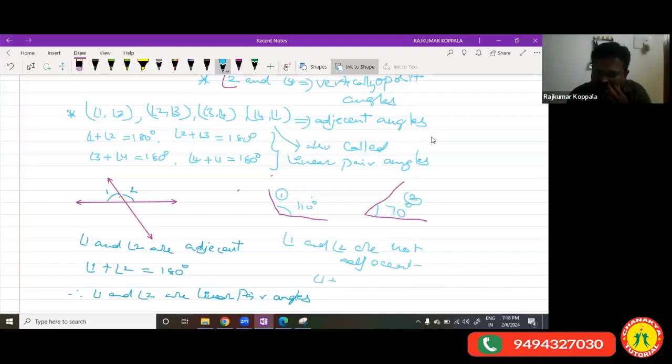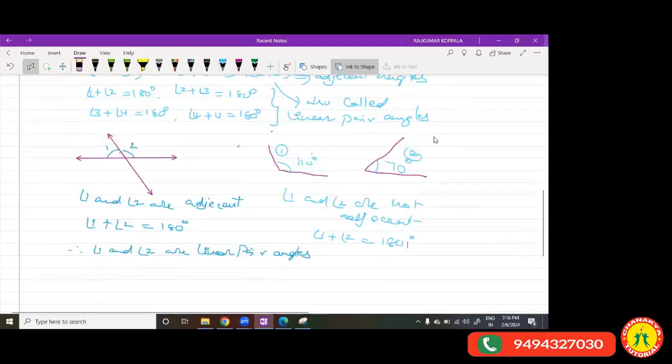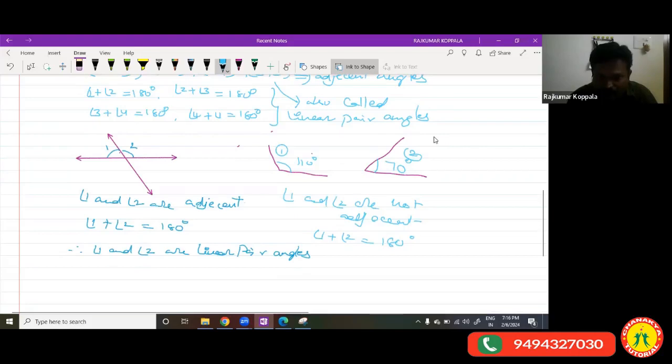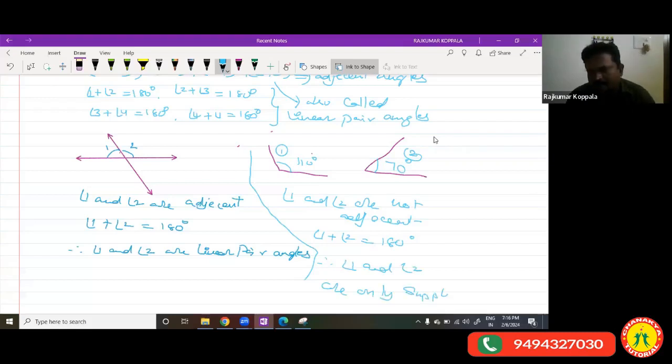But angle 1 plus angle 2 is how much? 180 degrees. Therefore, angle 1 and angle 2 are only supplementary angles, right? Only supplementary angles.